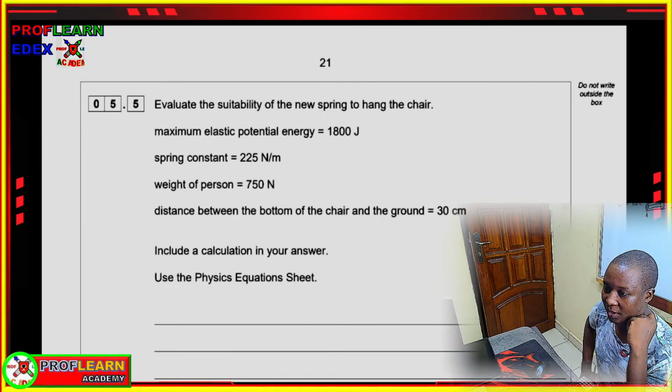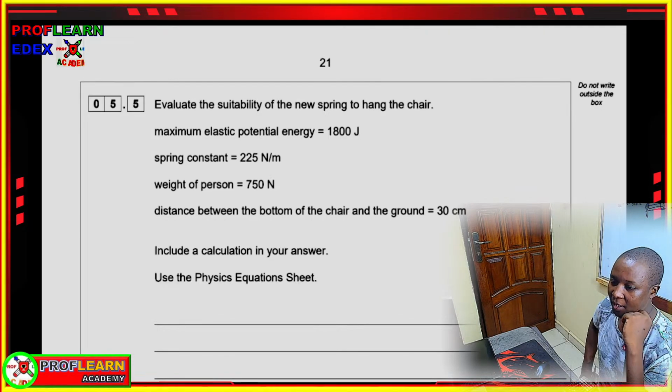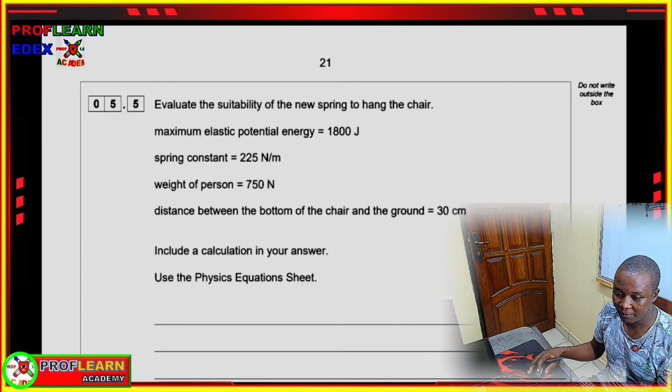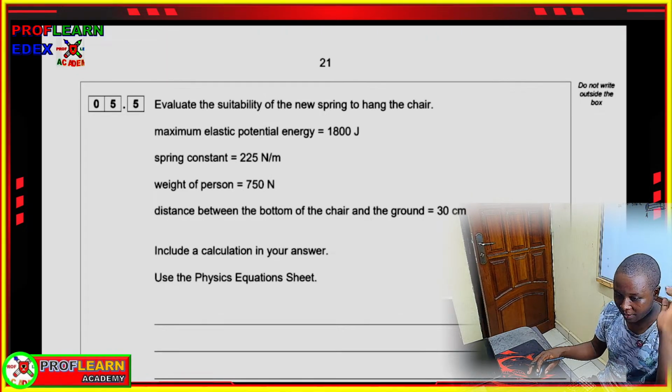The spring constant is that, and the weight of the person is 750. The distance between the bottom of the chair and the ground is 30 centimeters. Include calculations in your answer.